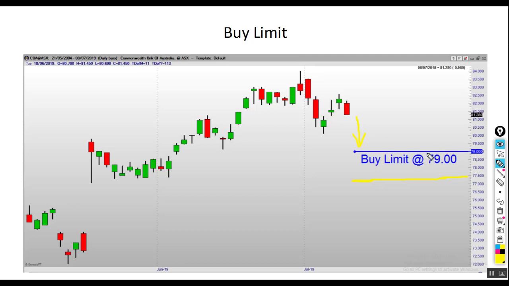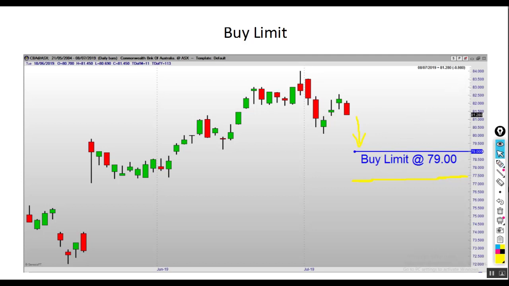So it must reach a minimum of $79. In the event of a gap where announcements have caused the price to be trading much lower at the opening, you will get the relevant price, whatever the fill is at that level, depending on the liquidity there. So if it opens at 77.50, you'll get that price or slightly lower depending on the movement of the market. So that's the minimum: you get 79 or better, depending on the opening or the gaps that occur.